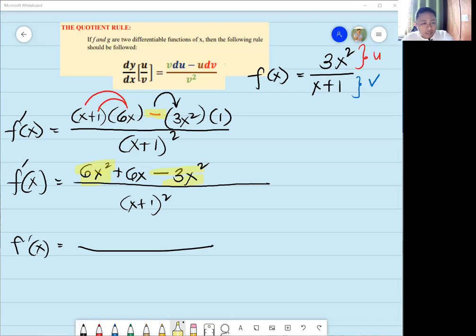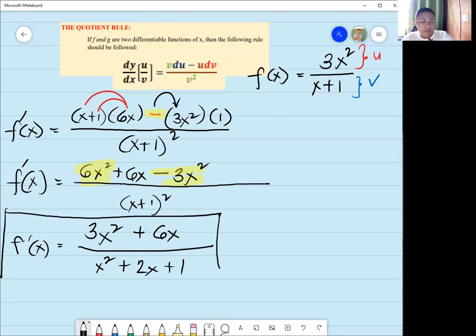That becomes 3x squared plus 6x over, since this is just x plus 1 squared, we have nothing to do there. Let's just expand it. Square of a binomial. So that becomes x squared plus 2x plus 1. And that is the derivative of our given.